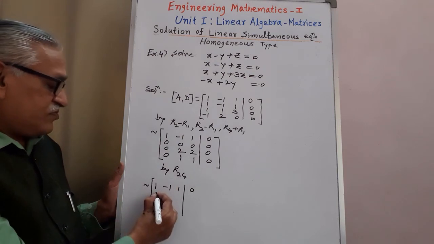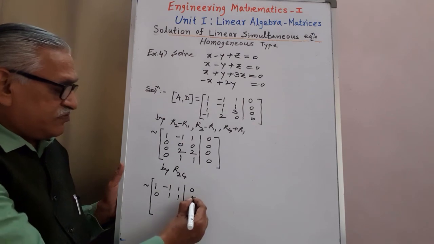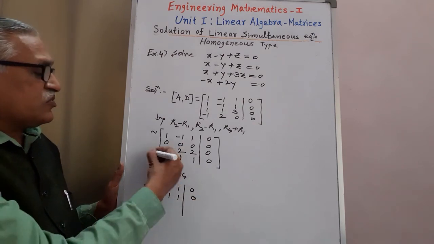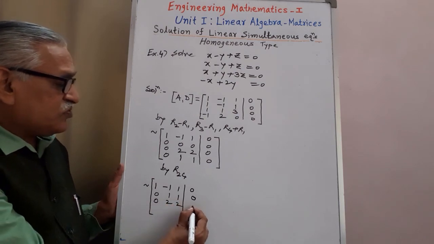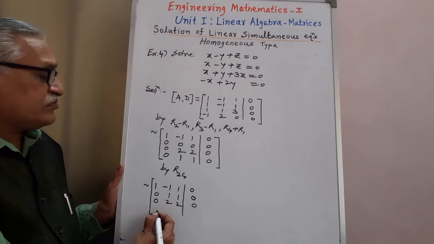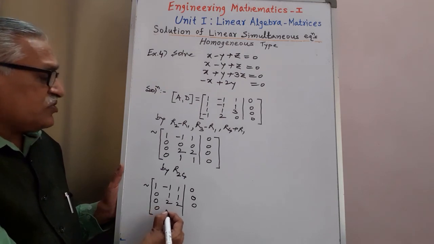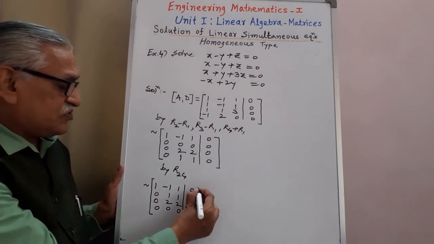Second row becomes 0, 1, 1, 0. Third row no change, 0, 2, 2, 0. And fourth row 0, 0, 0, 0.